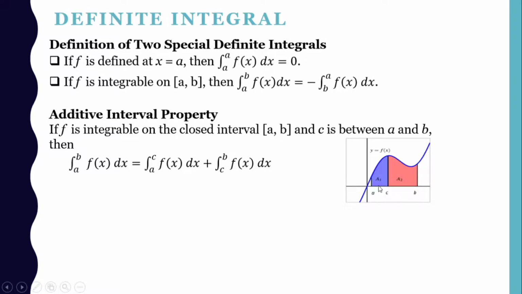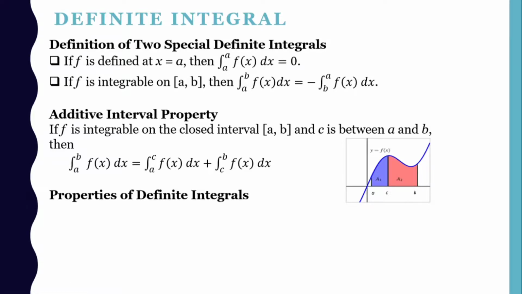This means that if you get the integral from a to c and add it to the integral from c to b, the answer will still be the same as getting the integral from a to b. That's called the additive interval property.